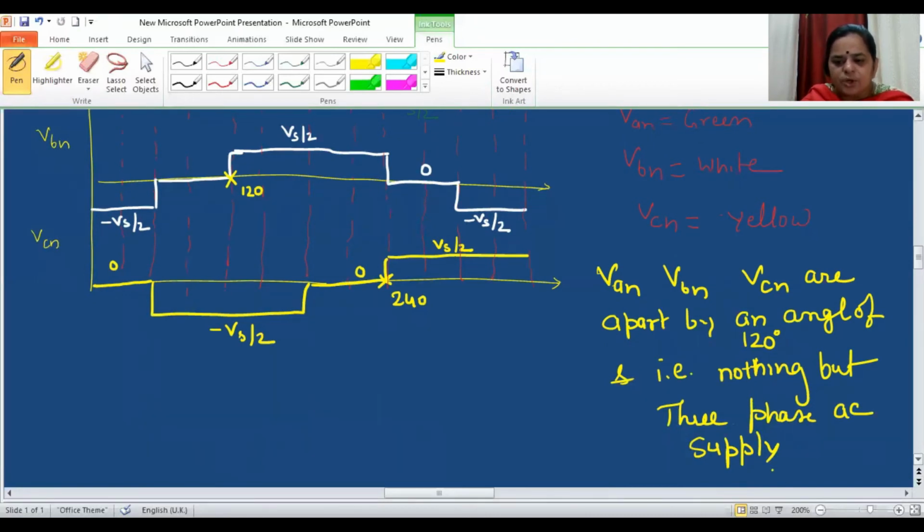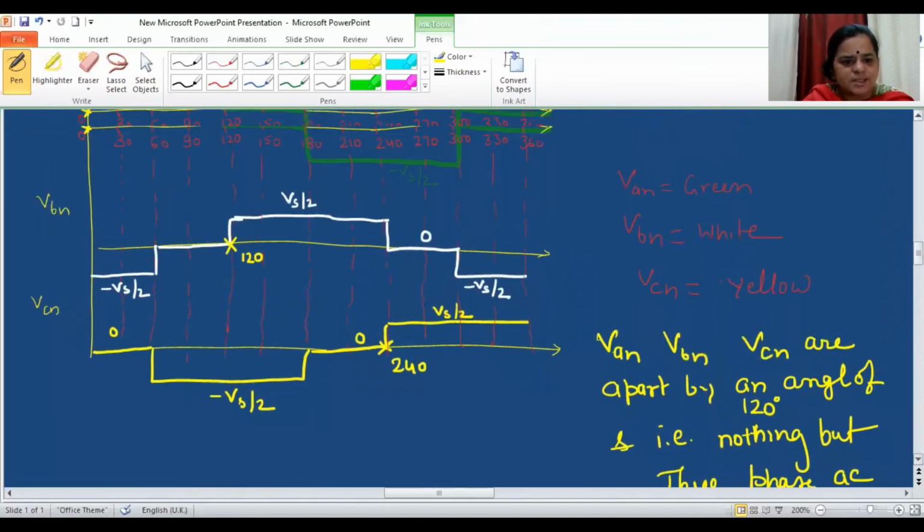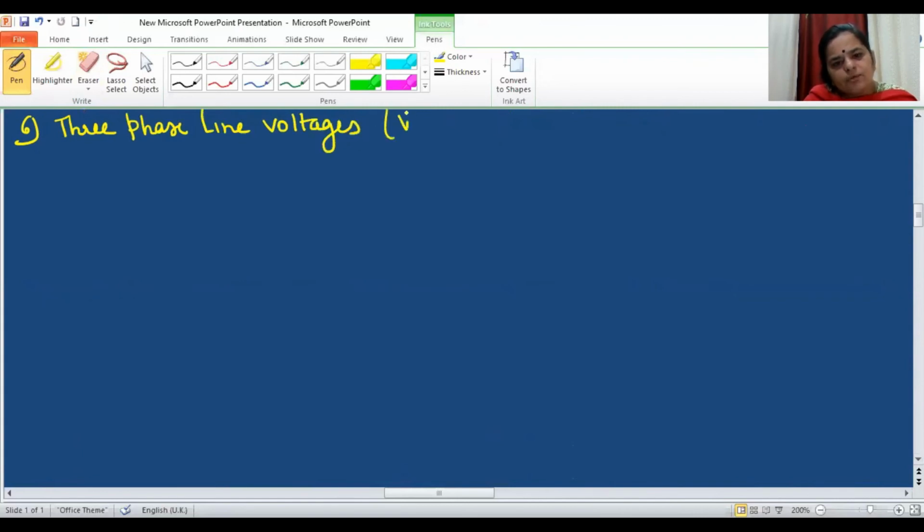Now the next thing I will draw is the three-phase line voltages, that is VAB, VBC, VCA.